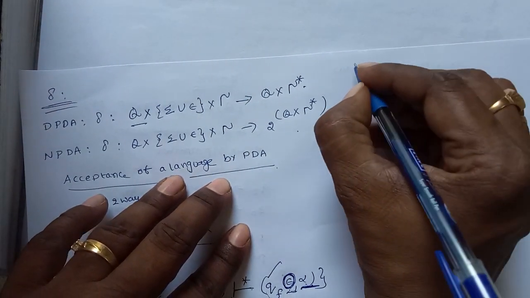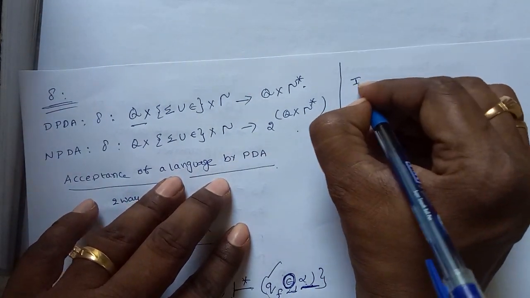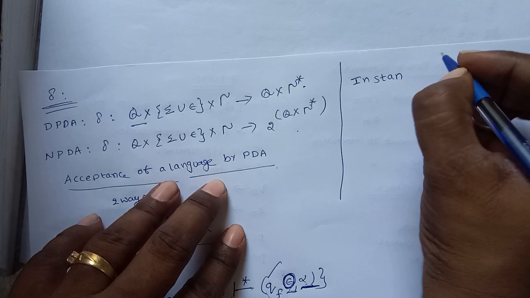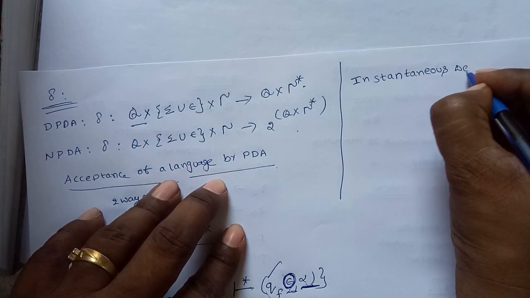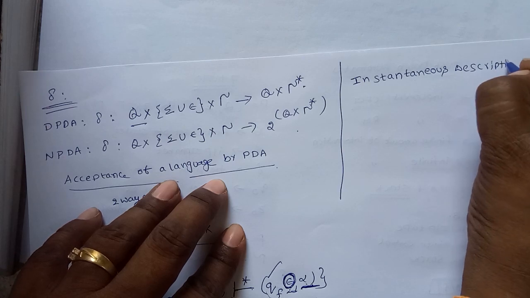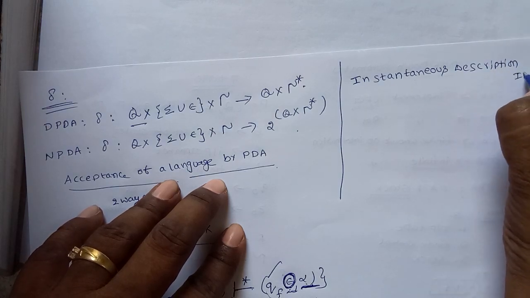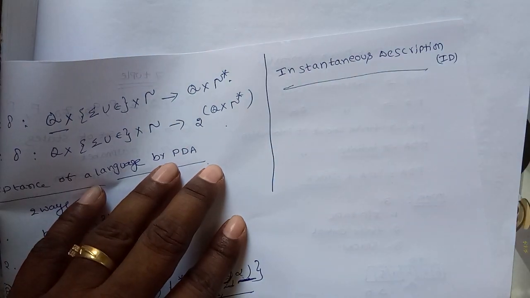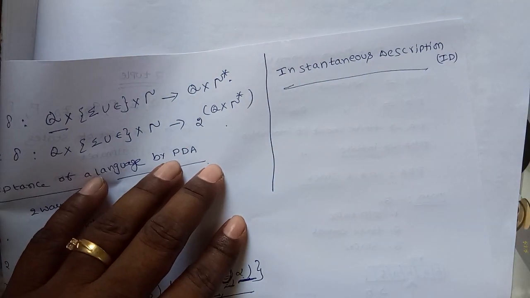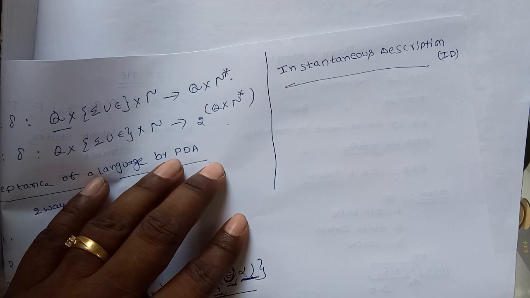And one more point is instantaneous description, generally called ID, instantaneous description of push down automata. What does this instantaneous description specify?